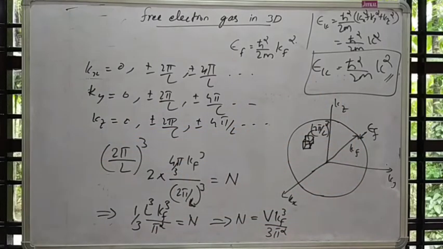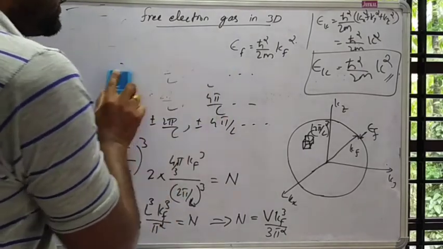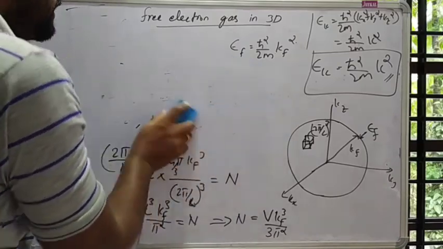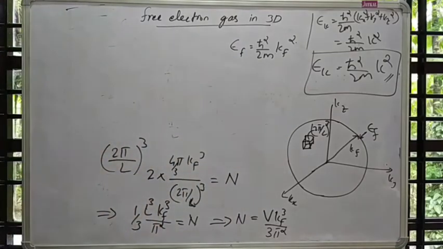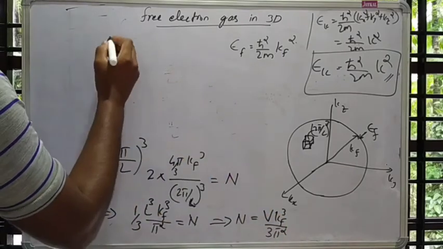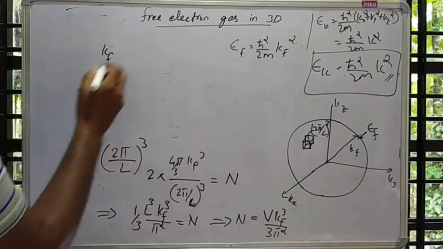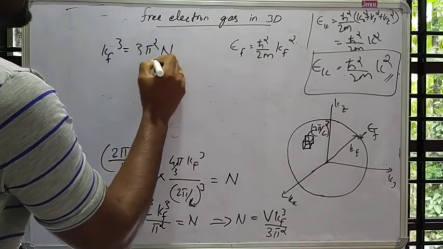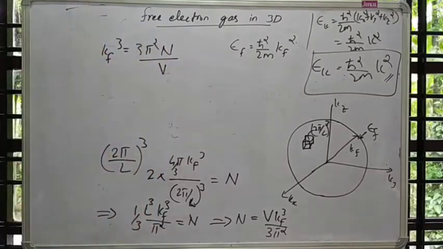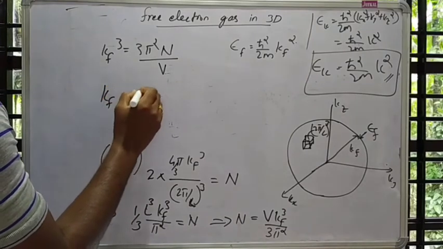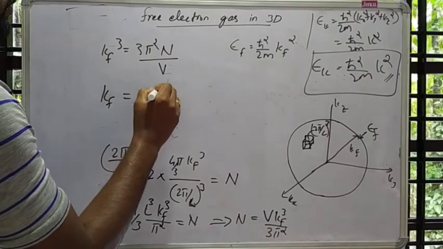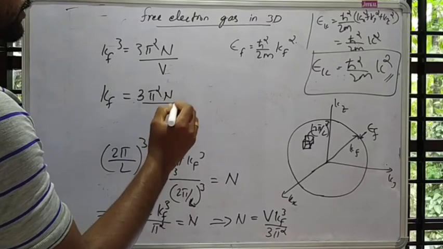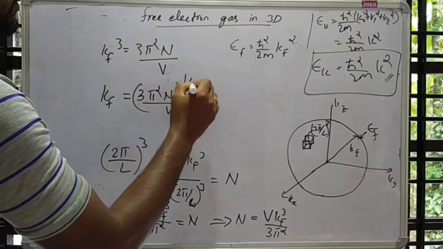Okay, so we need to find out the value of kF from this equation. kF cube is equal to 3π square N over V, and kF is equal to (3π square N over V) whole raised to 1/3.